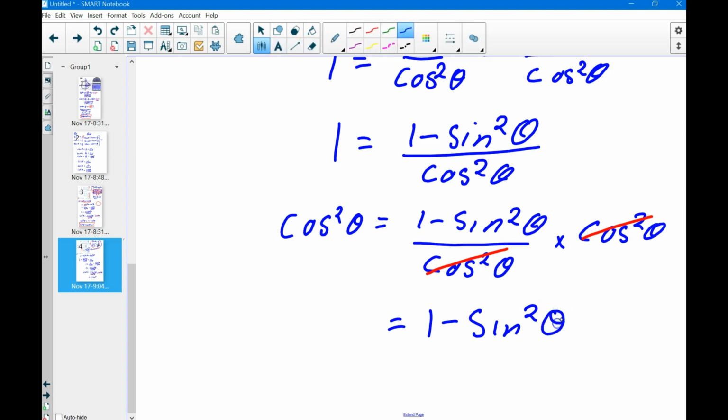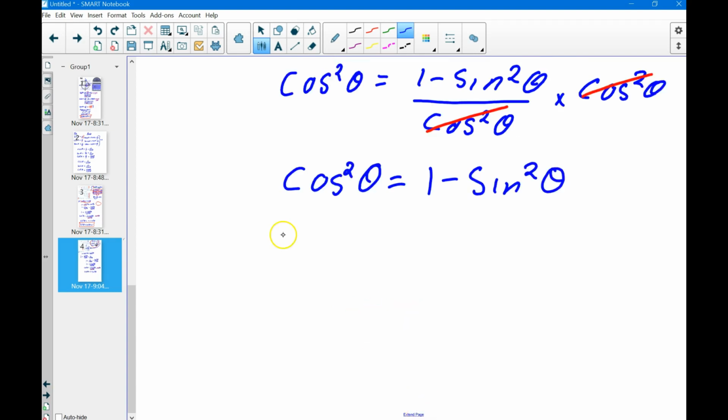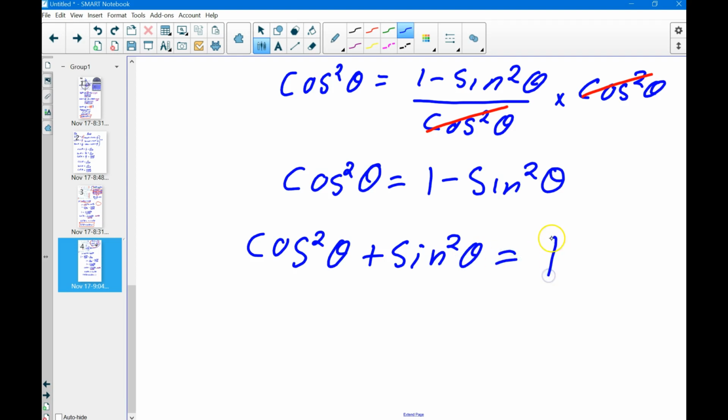And of course, now rearranging using some algebra, we get cosine squared theta plus sine squared theta equals 1. Now it should look incredibly similar, something you've already seen. And guess what? We're back here again.